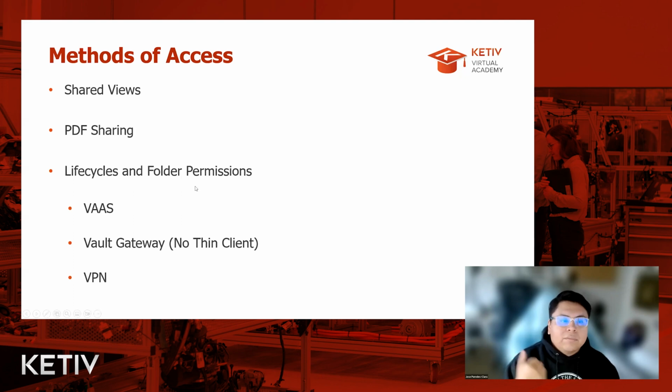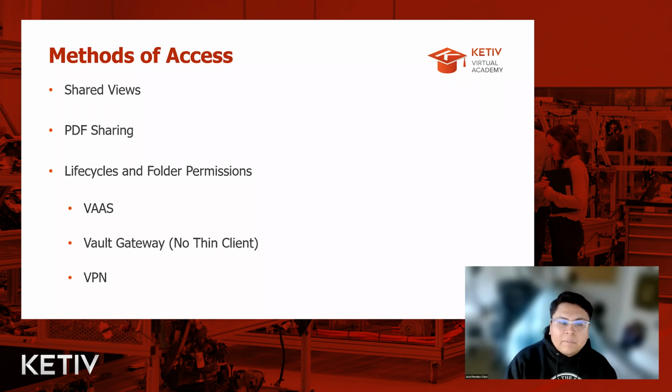So we covered shared views, which are again read-only with a 30-day expiration, which can be extended if your vendor, customer, or outside partner needs it. PDF sharing, which would happen on release, requires Job Processor and typically an additional license, and can be a little bit more manual of a process if you're using your own machine to generate those files.